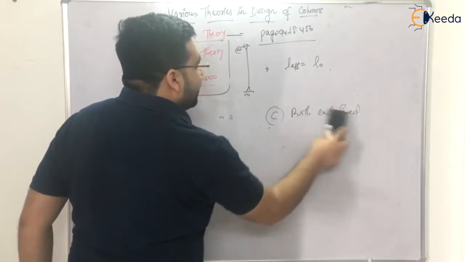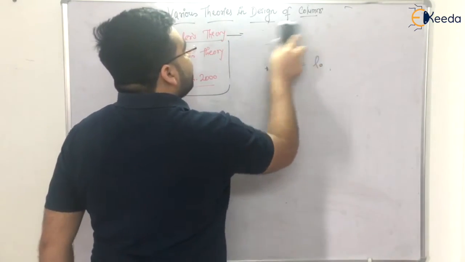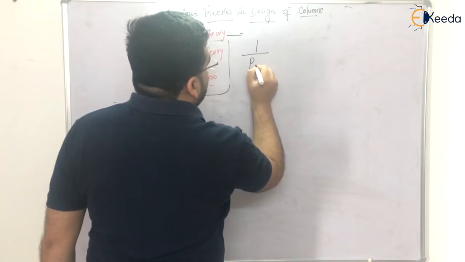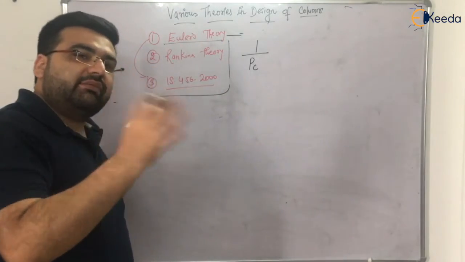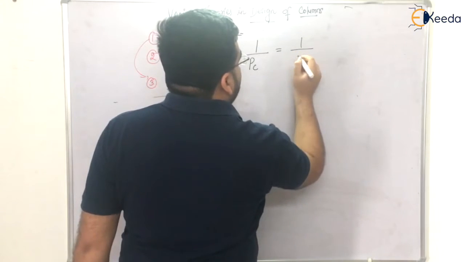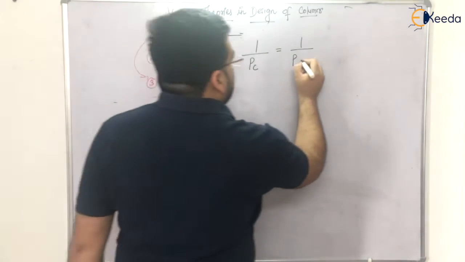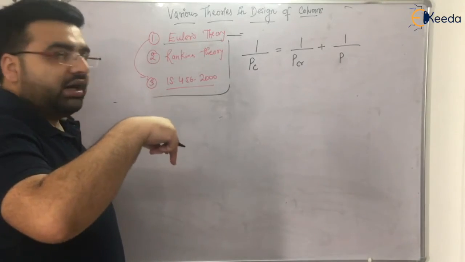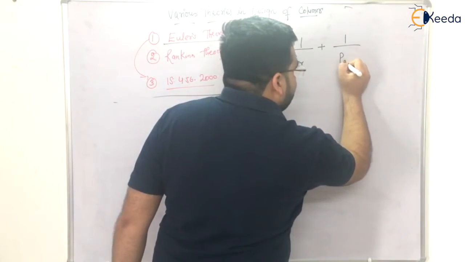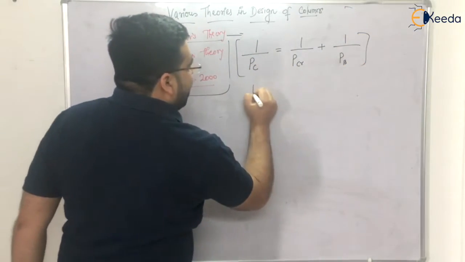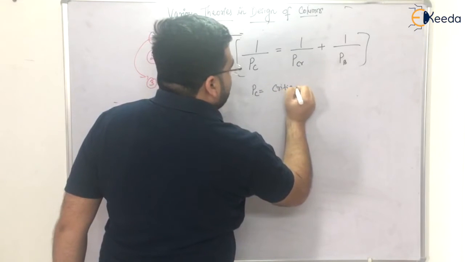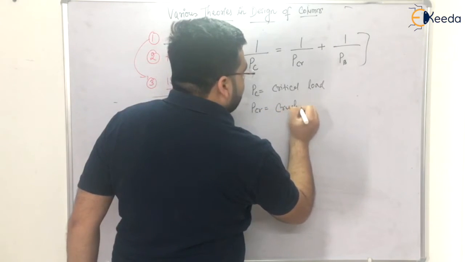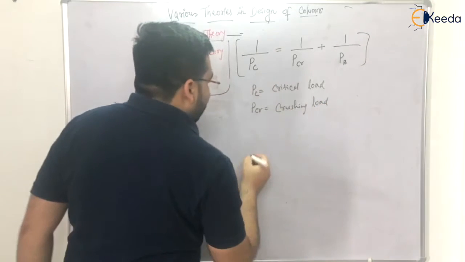In Rankine's theory the buckling load is also taken into consideration. Rankine's theory says that 1 upon P critical, the critical load on which the column will fail, is equal to 1 upon P crushing plus 1 upon P buckling. P crushing is the crushing load, and P buckling is the buckling load.